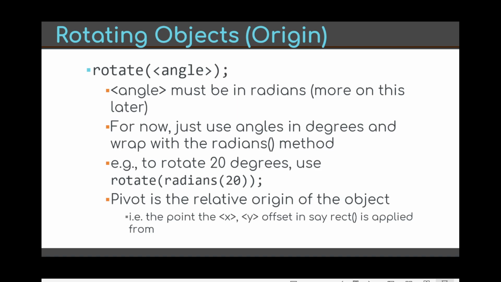Rotating uses your trigonometry and takes an angle value in radians, right? 0 to 2 pi for a full twist, where pi is 180 degrees. For those of you who are uncomfortable with radians, for now, there's a radians command which will translate degree values into radians.